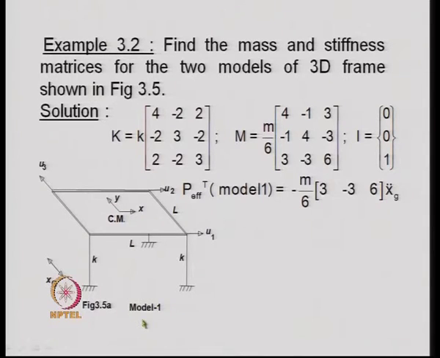The model 1 shows the first way of choosing the degrees of freedom. Here, since we have got 3 independent degrees of freedom, we choose one as this degree of freedom, other as this degree of freedom, and the third one is this degree of freedom. These 3 are the independent degrees of freedom.